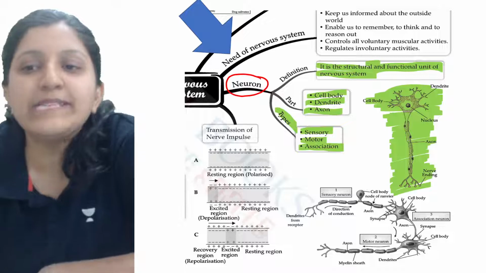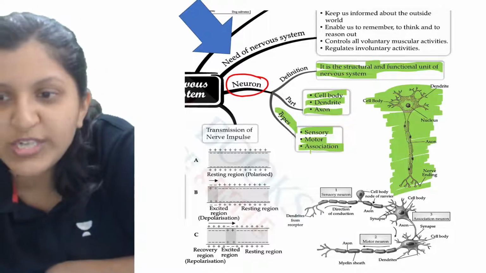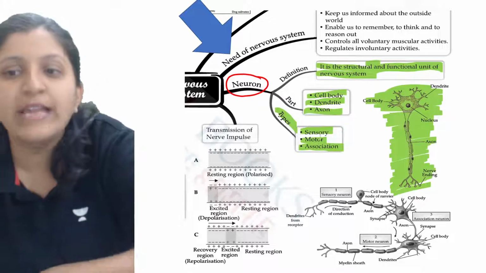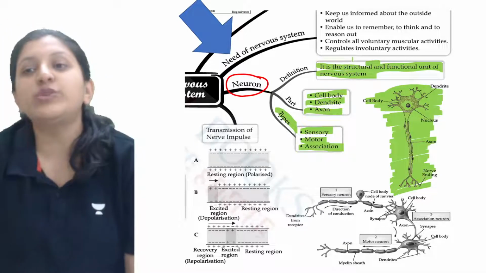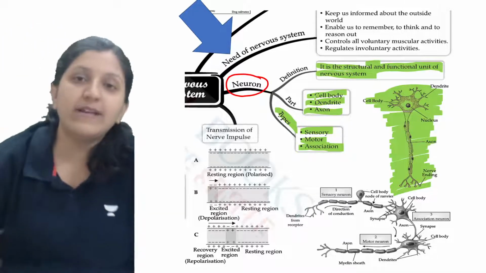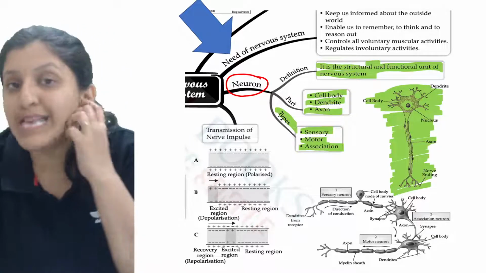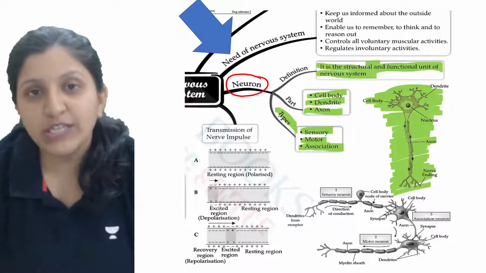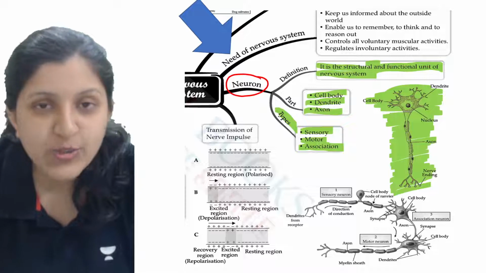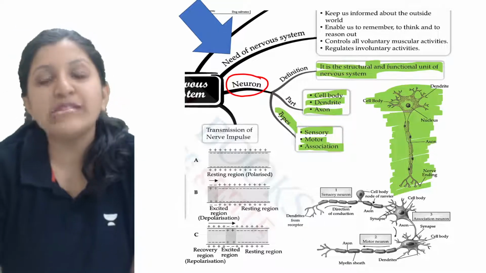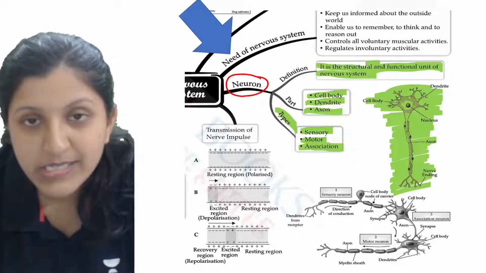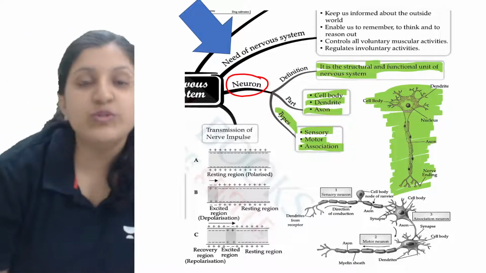So these are basically the types of neuron: the motor neuron, the association neuron, and the sensory neuron. The association neuron connects the impulse from the sensory neuron with the motor neuron. You can find the association neuron either in the brain or in the spinal cord, where it conducts the impulse from the sensory neuron to the motor neuron.